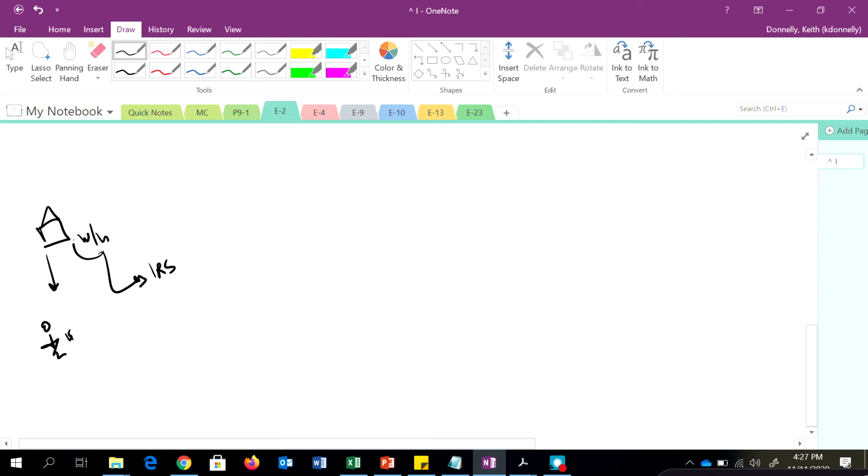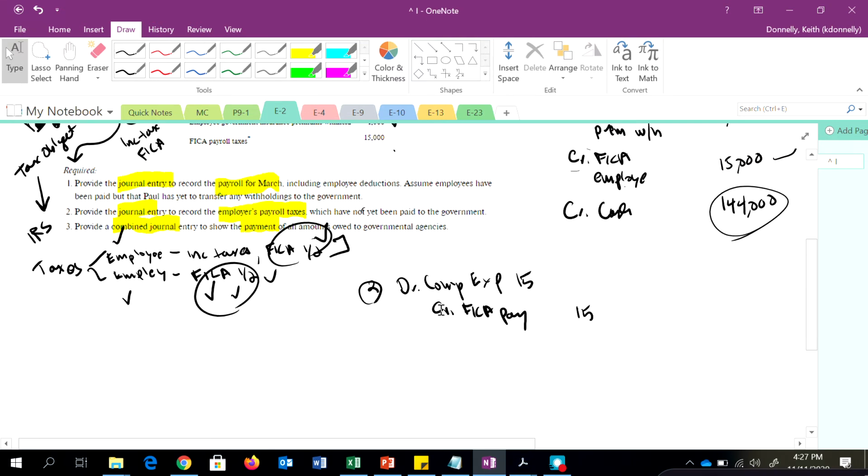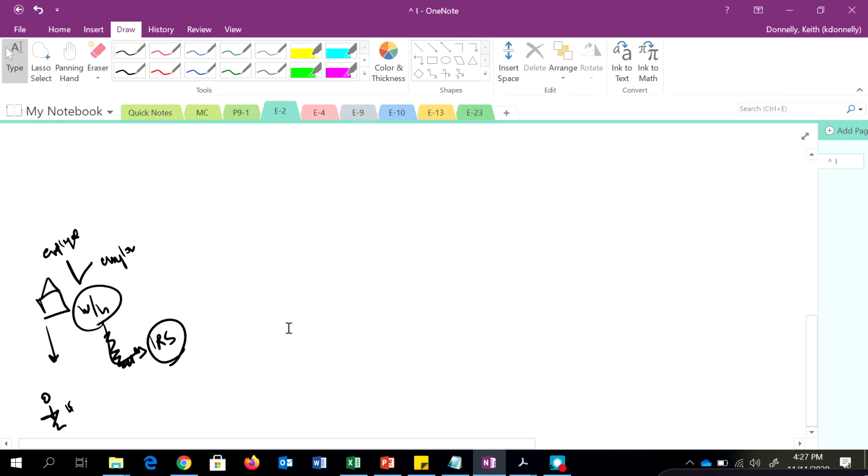We just did the journal entries for what we withheld, for both what the employee's on the hook for and what we as the business are on the hook for. Now we need to make the journal entry for when we pay the IRS. So we teed up all of these liabilities. Now we're just going to reverse them all out.